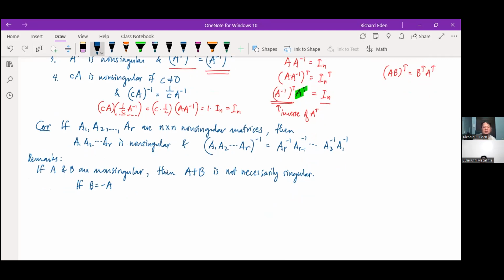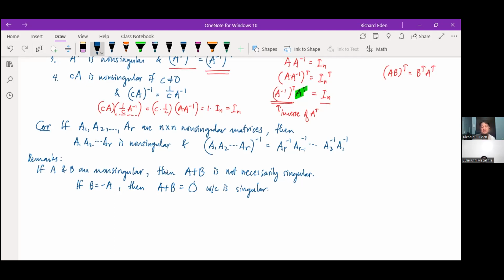So if B is equal to -A, and A is non-singular, so B is non-singular, then if you take A plus B, this would be the zero matrix, which is singular. It has no inverse.